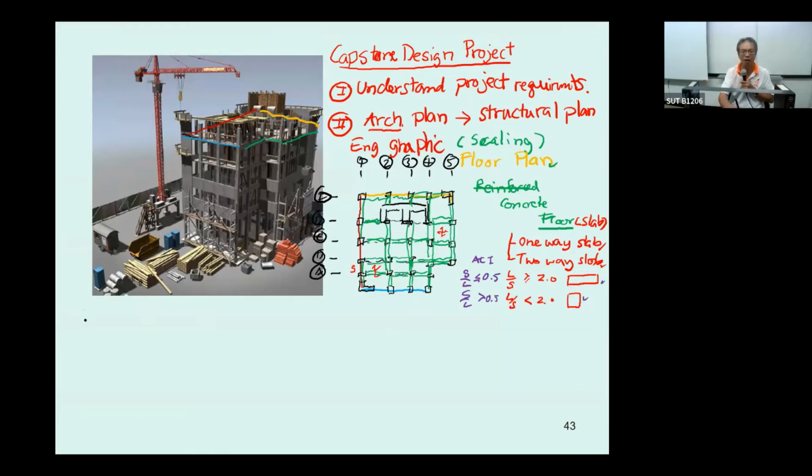And you know the two-way slab has a load distribution for the short side and for the long side. On the short side, the load distribution will have a triangular shape, and the long side will have a trapezoidal shape.